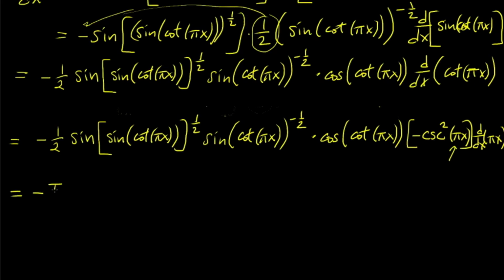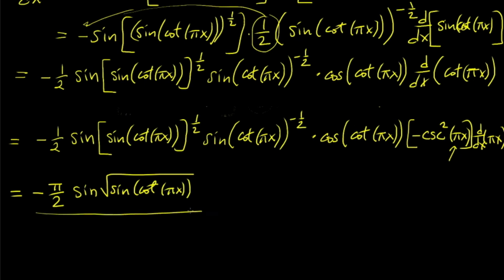So let's see, negative pi over 2 times the sine. At this point, I'm going to turn this back into a square root of sine of cotangent of pi x. And since this is to the negative 1/2, that'll be in the denominator, so divided by the square root of sine of cotangent of pi x.